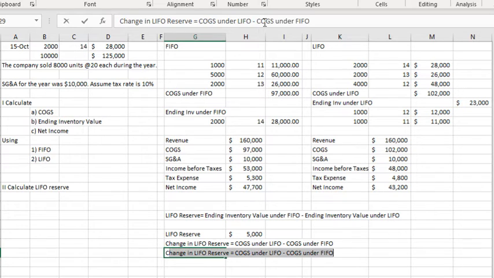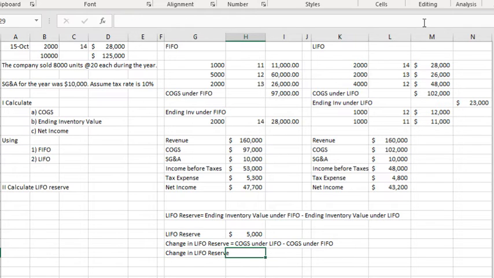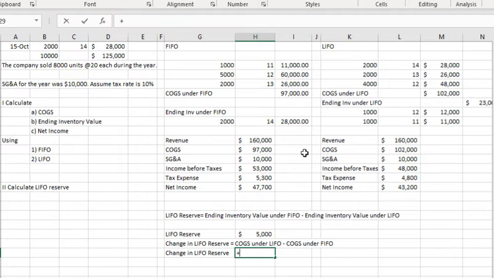So in this particular case, change in LIFO reserve is going to be equal to the difference between the cost of goods sold between LIFO and FIFO. So 102,000 minus the 97,000 is going to give us the change in LIFO reserve, which is the same as the LIFO reserve.